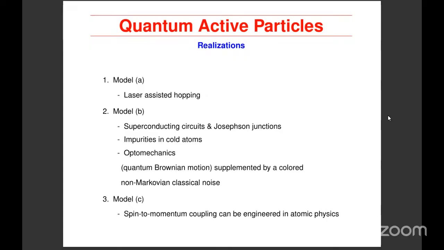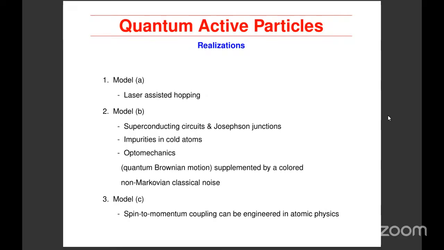So impurities in cold atoms, for example, this is like one, even I worked on this in the past. So it's one atom in contact with many other atoms of a different species, for example. And people doing atomic physics can confine these with lasers and things like this. So this would be just the particle in contact with the quantum bath.